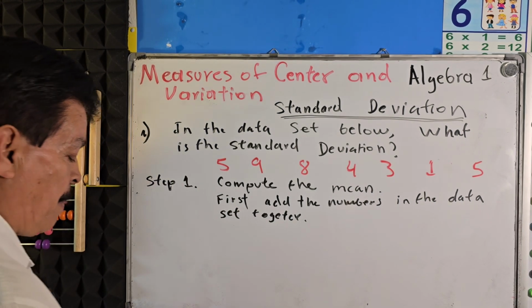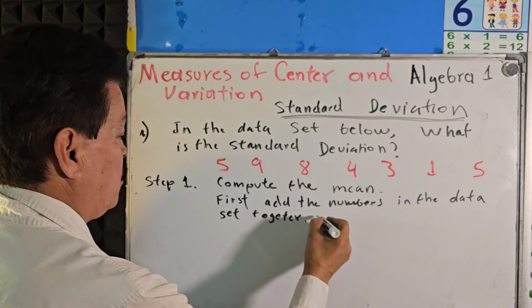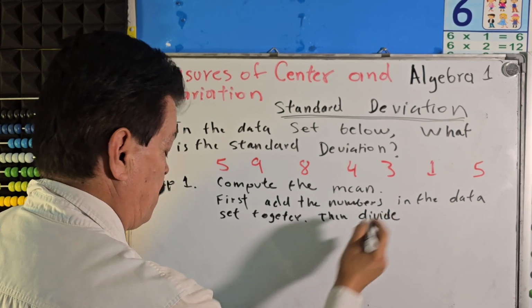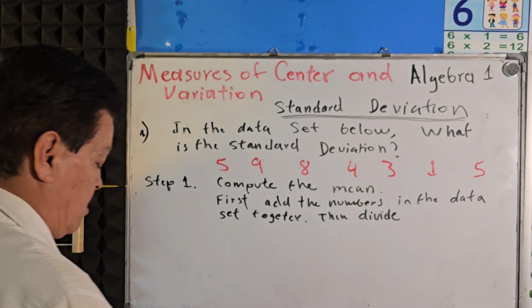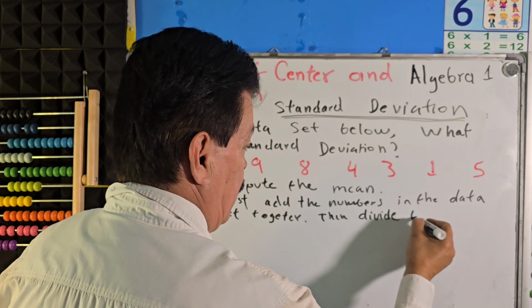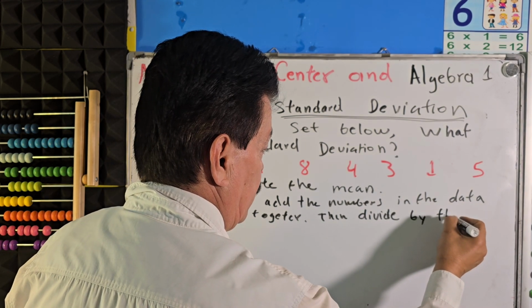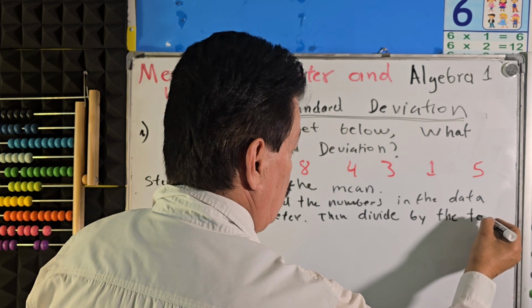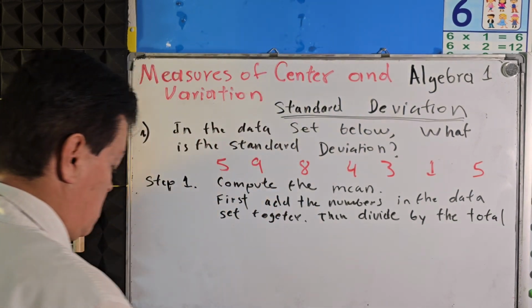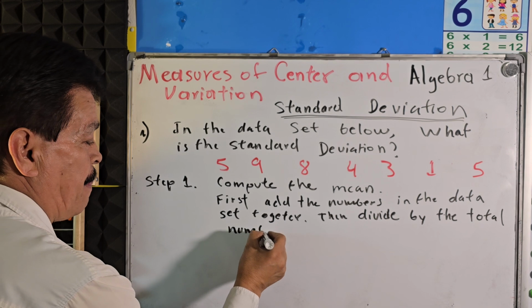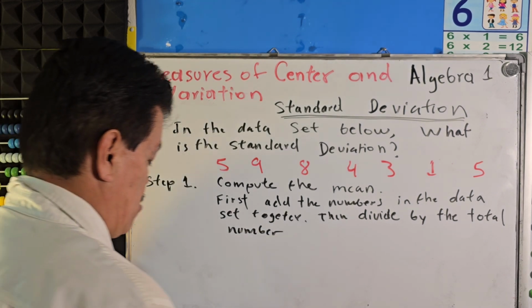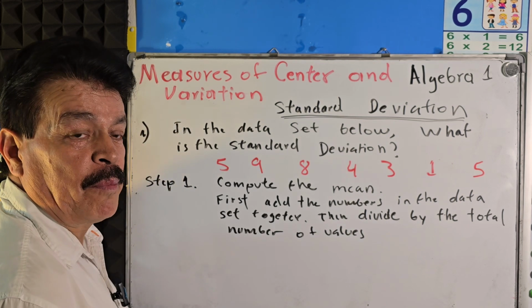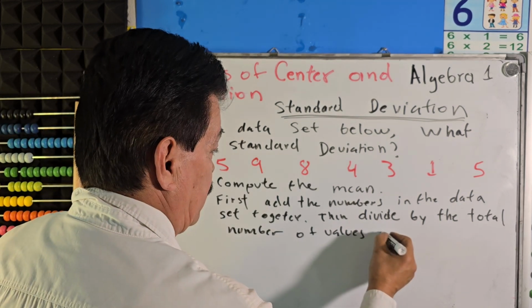First step, right? Then we have to divide by the total number of values in the data set.